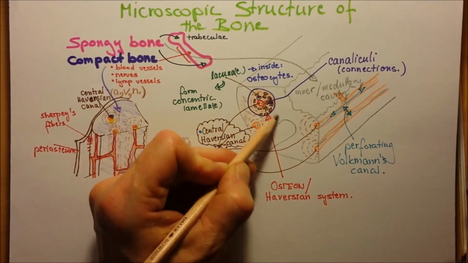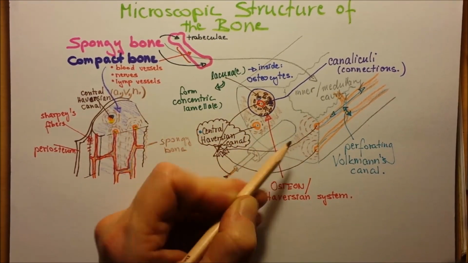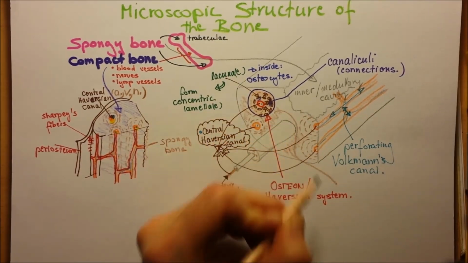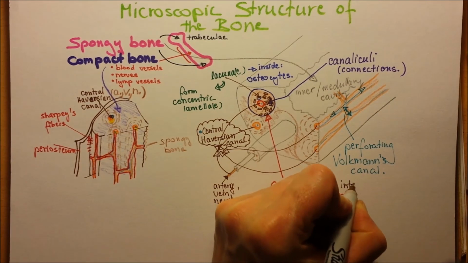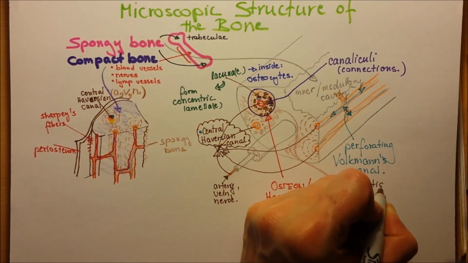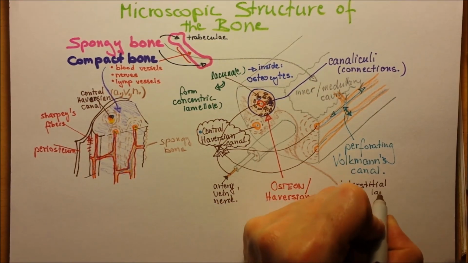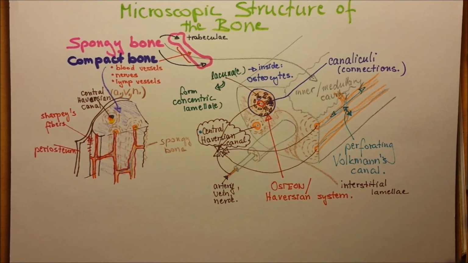Between the Haversian systems, or the osteons, or the concentric lamellae, we have the interstitial lamellae. These are the old lamellae, and they are there because of the constant rebuilding of the bone tissue.